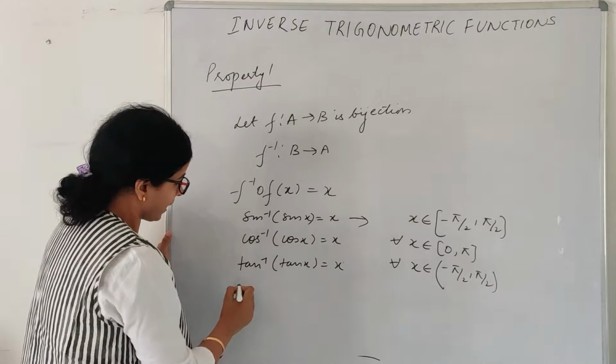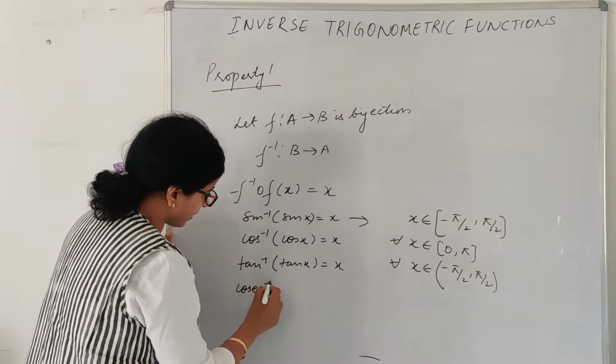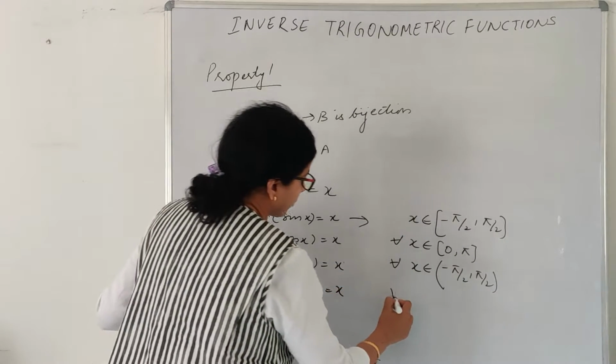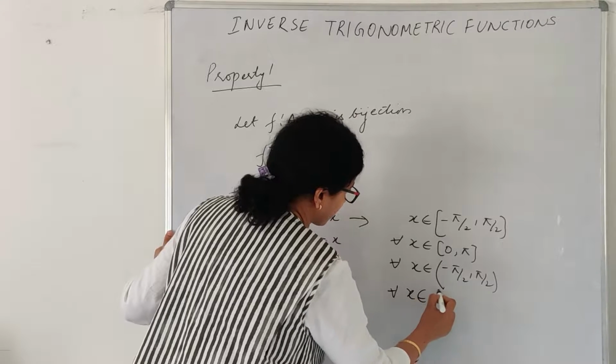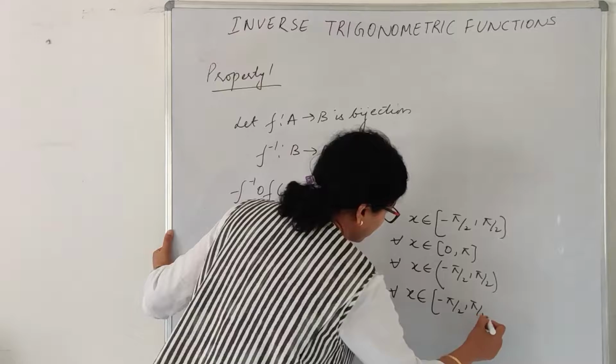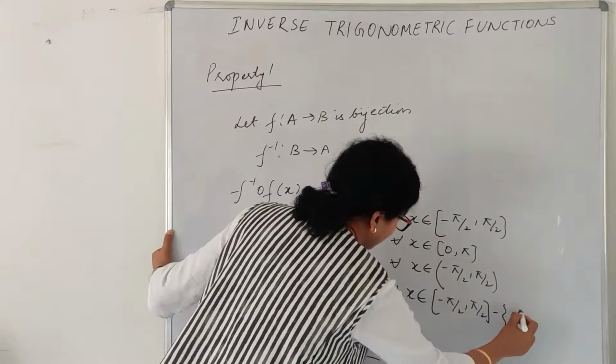Cosec inverse of cosec x will be equal to x for all x belonging to minus pi by 2, pi by 2, minus 0.